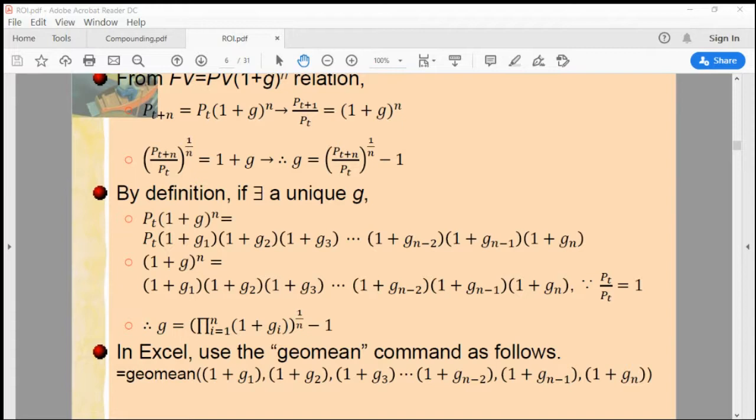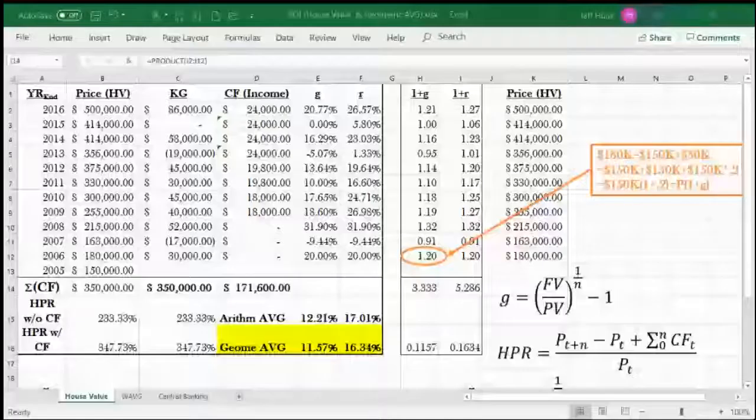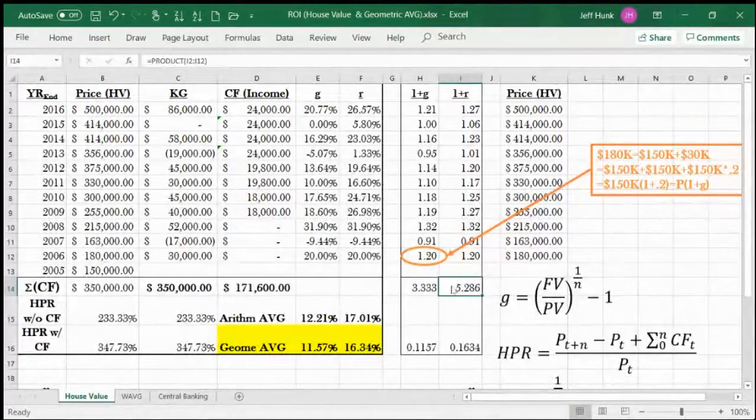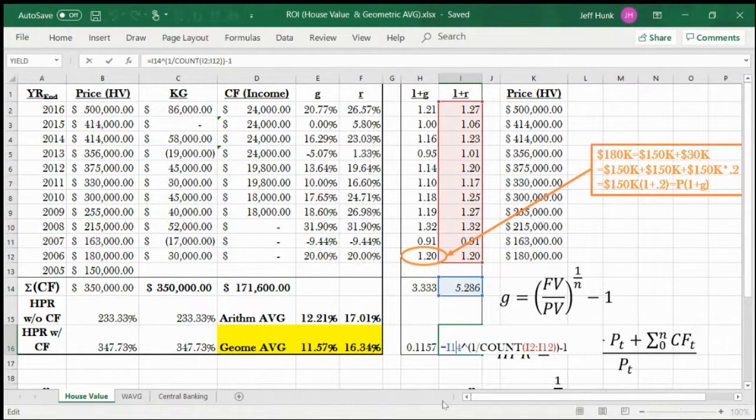So I'm going to have to stop sharing, and share again. All right. Back in Excel, I hope you are also. So this cell, see what this is? This is the product.